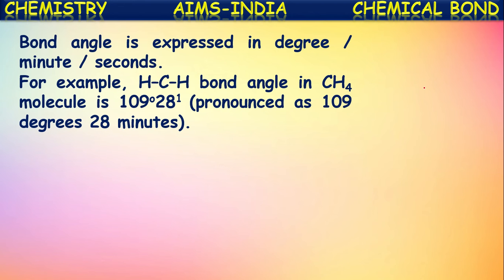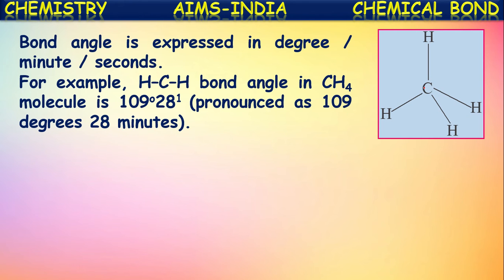Generally, bond angle is expressed in degrees, minutes, and seconds. For example, the HCH bond angle in the methane molecule is 109 degrees 28 minutes. Suppose you consider this molecule, it is called the methane molecule, CH4. In this, for the central atom carbon, 4 hydrogen atoms are connected with covalent bond formation.